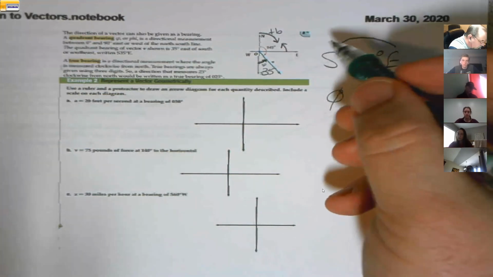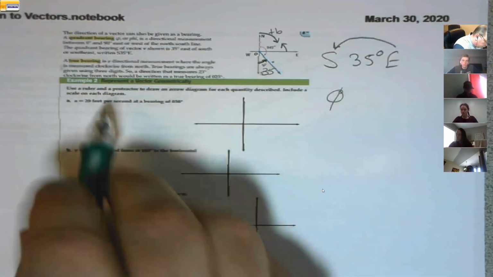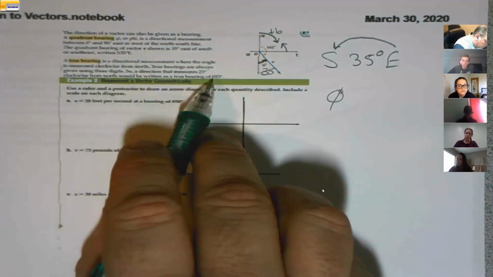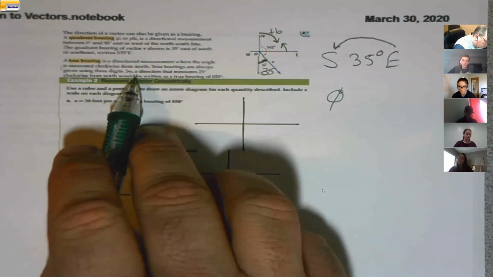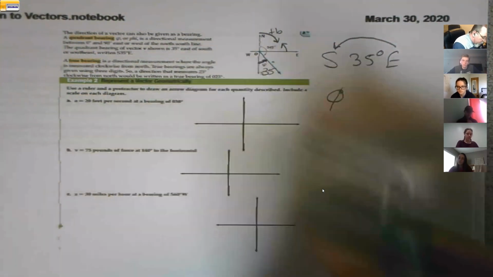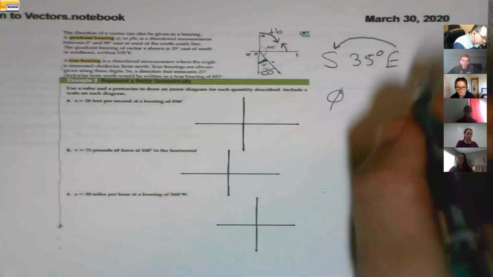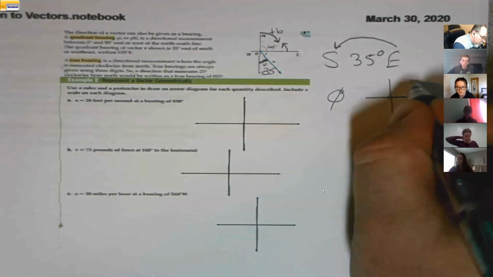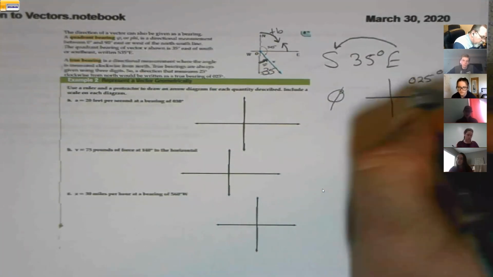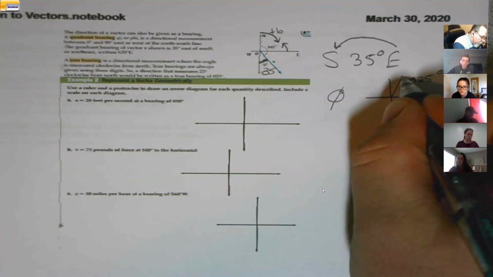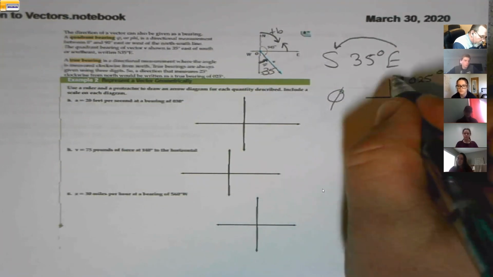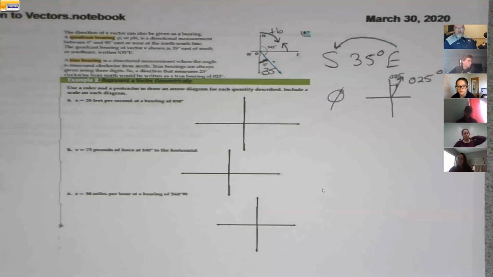So we can describe this vector as, I can barely read that, it printed so small. Anyway, this is 25 degrees from true north, so that would be 025, like that.